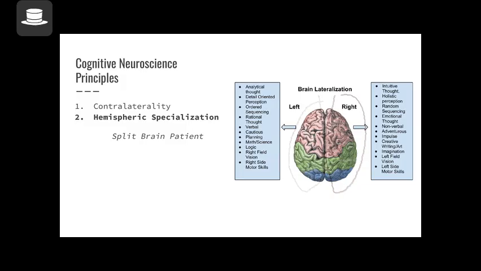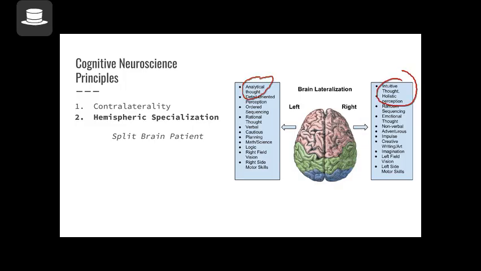Anyways, the idea of hemispheric specialization, also called brain lateralization, is that the left and right hemispheres are specialized in functions. You might have heard that the left brain is analytical and the right brain is intuitive, and things like that. Well, there is some truth to it, but not in the sense that is used in colloquial terms. It's not that the left brain is only about analytical thinking or the right brain only about intuition.